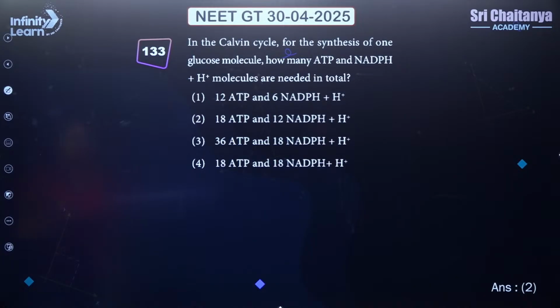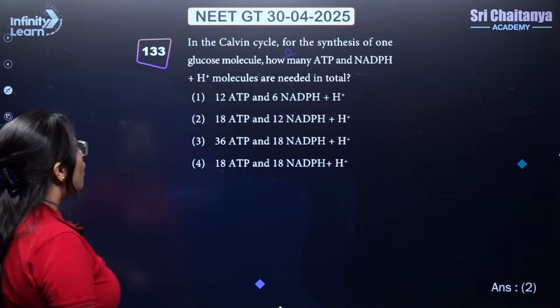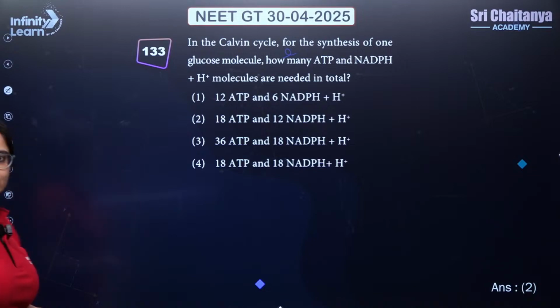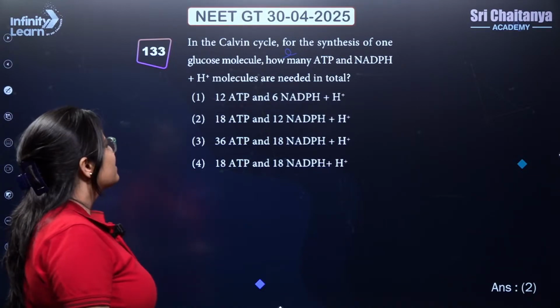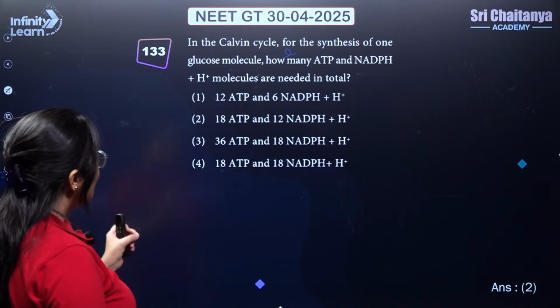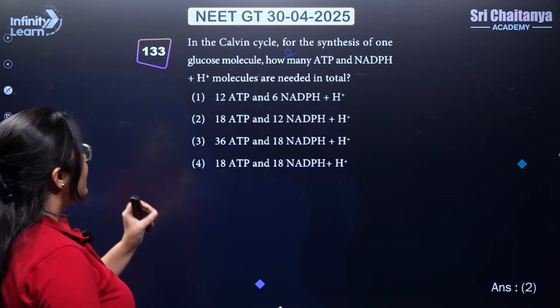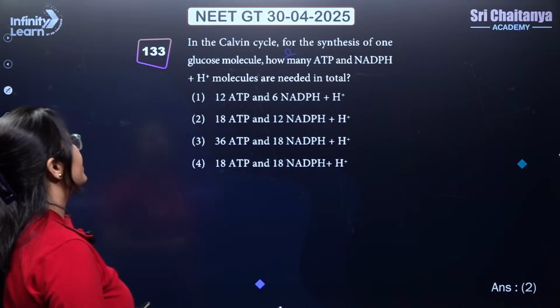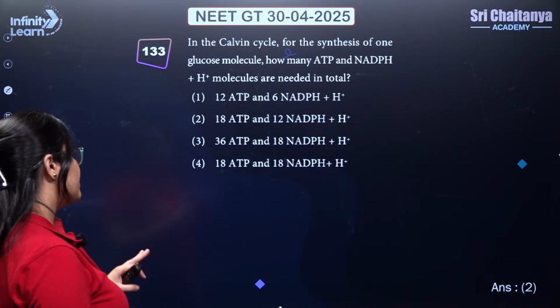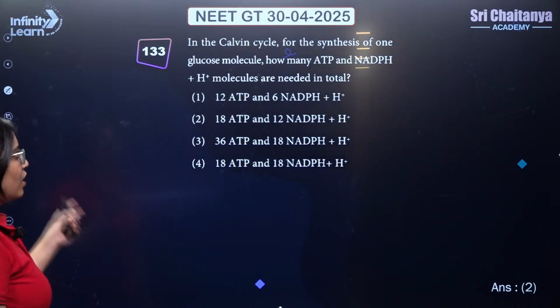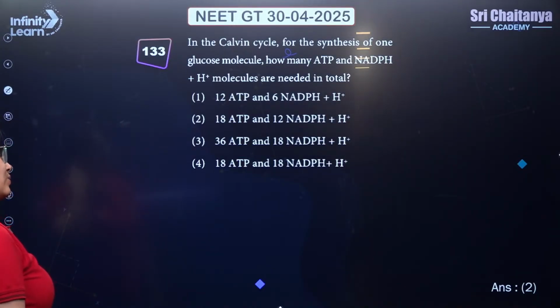In the Calvin cycle, for the synthesis of one glucose molecule, how many ATP and NADPH + H+ molecules are needed in total? Very simple, straight from your NCERT. They are asking about one glucose molecule in the Calvin cycle.